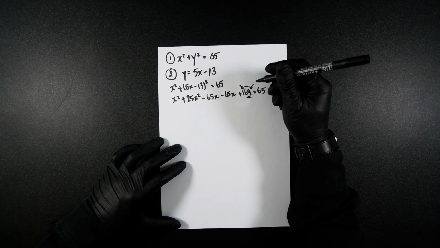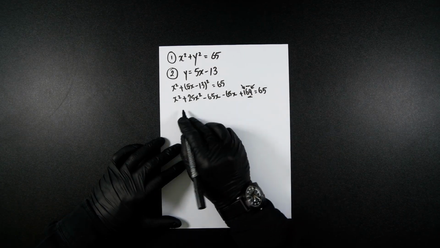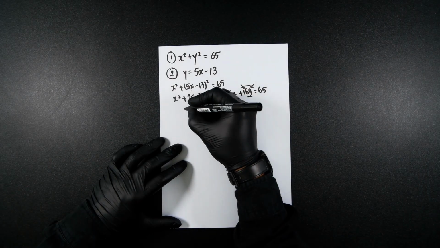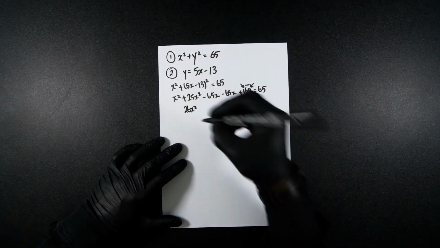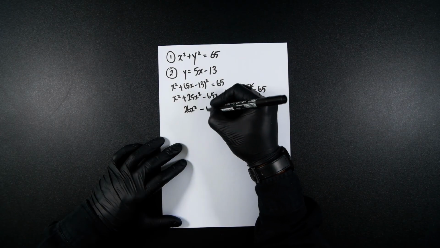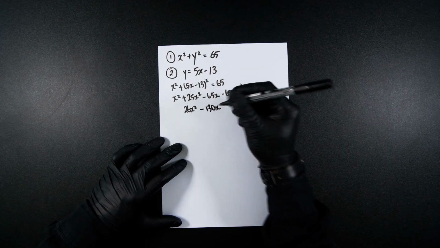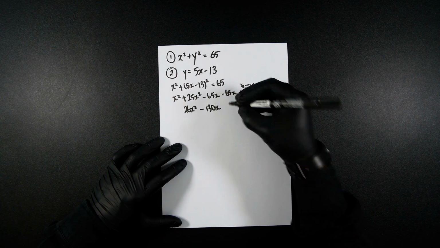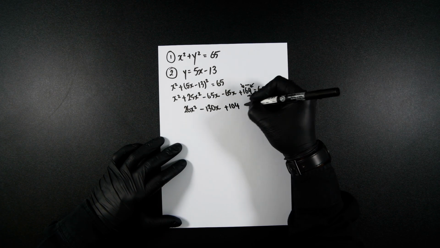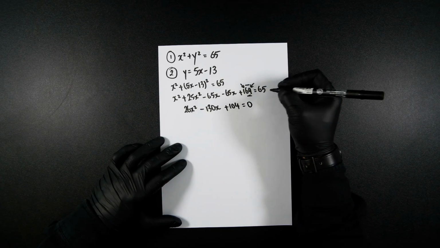Anyway, we can now clean up. So we've got an x squared here and an x squared here. So let's do 26x squared. Minus 65x minus 65x is minus 130x. And we have 169 minus 65, which is going to be plus 104. So that would equal 0.